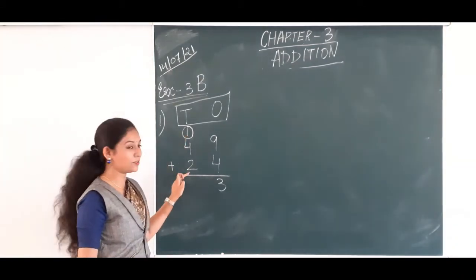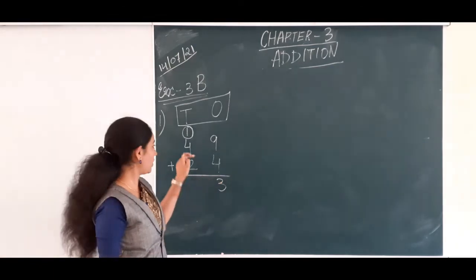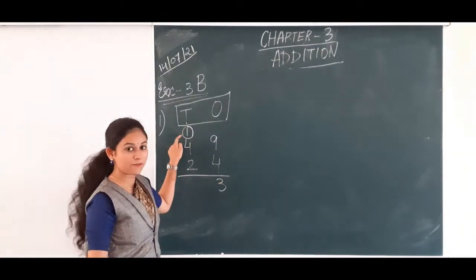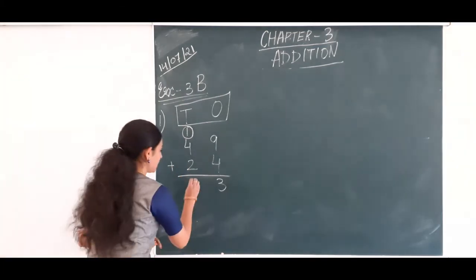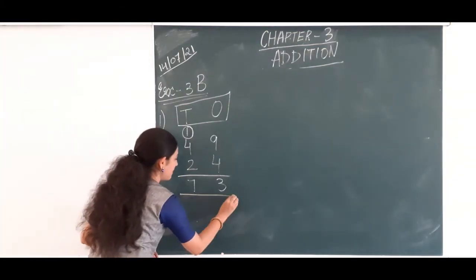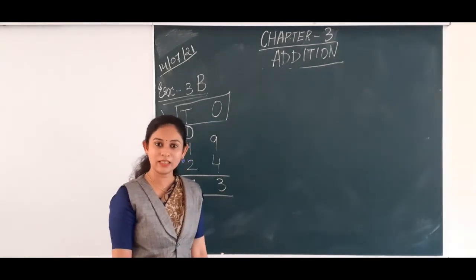Then 5 plus 2 is 7. So the answer is 73.